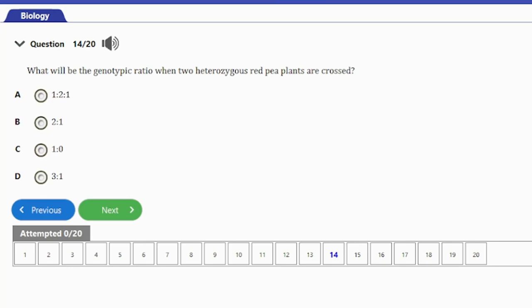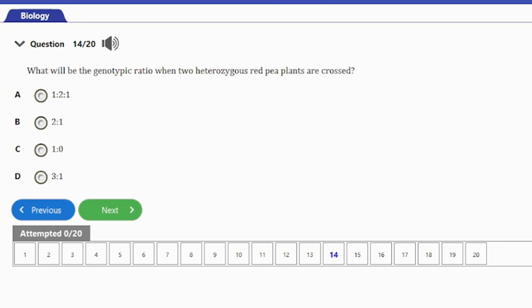If it was phenotypically, we would have 3:1. But guys, this is genotypic ratio, so we are going to have 1:2:1, where we have one homozygous dominant, then two heterozygous dominant, and then one homozygous recessive. And that's it for that question.